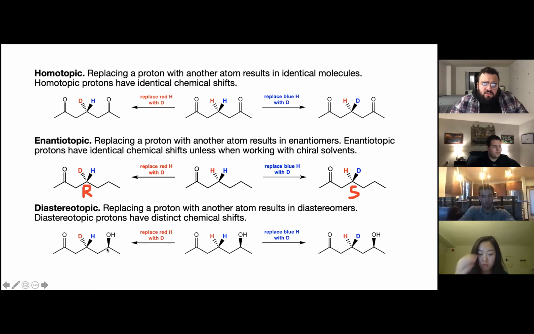Particularly what's driving this to be diastereotopic is that you're initiating stereochemistry, but you already have a little bit of stereochemistry in your compound. If you find the absolute configuration of the alcohol that's already there, it's going to be S. Likewise, if you find the absolute configuration of the other new chiral center that you formed, this is going to be S, and then this is going to be, oop, I put this one on the wrong one, R. Cool, so we have RS versus SS, those are going to be diastereomers.